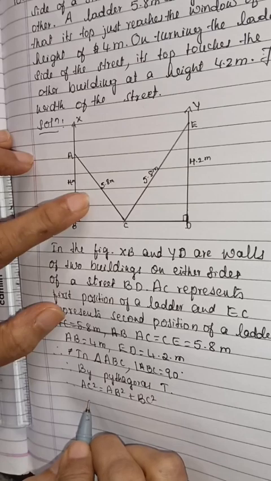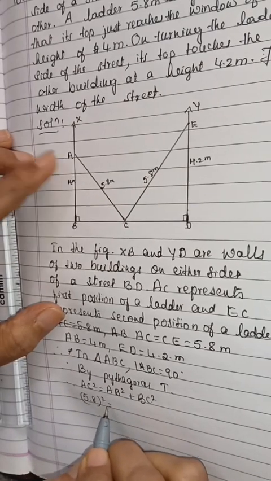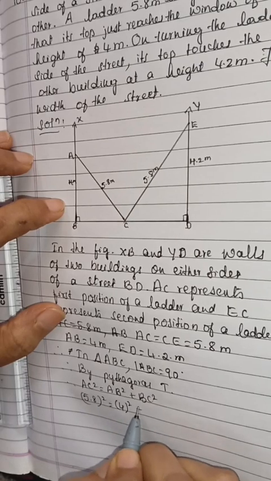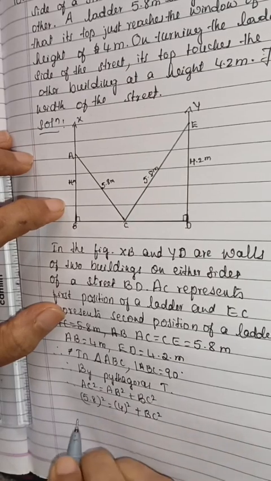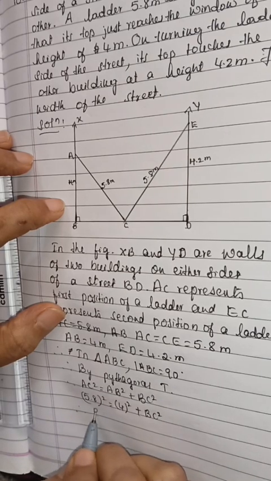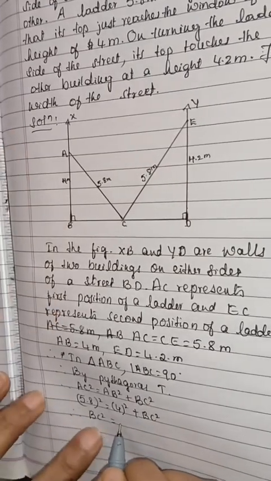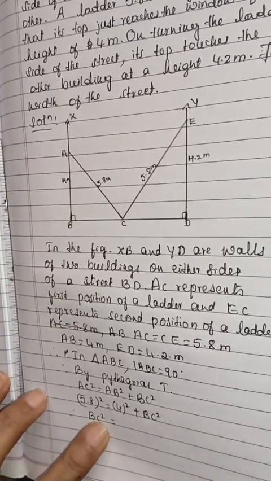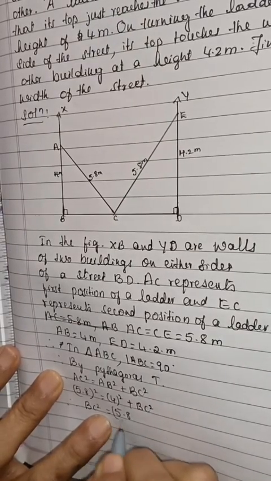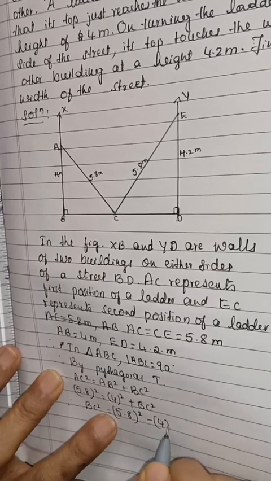AC square is 5.8 square, AB is 4 square plus BC square. Therefore, BC square is 5.8 square minus 4 square.